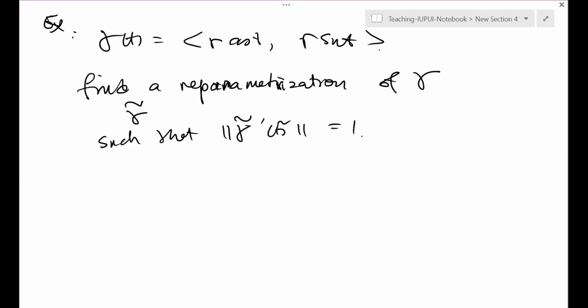all right. So how do you find it? All you have to do is just find the t tilde, right? It's the integral from 0 to t.